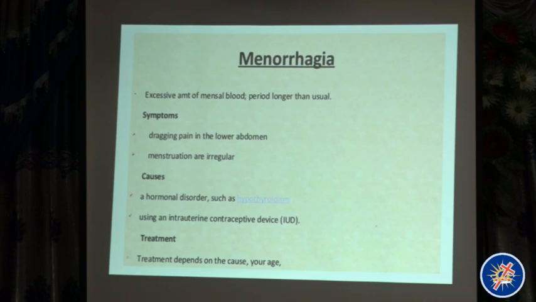It's not producing enough hormone. Then also using intrauterine device, that is the coil. It's a family planning method we call coil, and it can also cause a little bit heavy bleeding. And the treatment here depends on what is the cause. When we identify the cause and treat it, then you are okay.